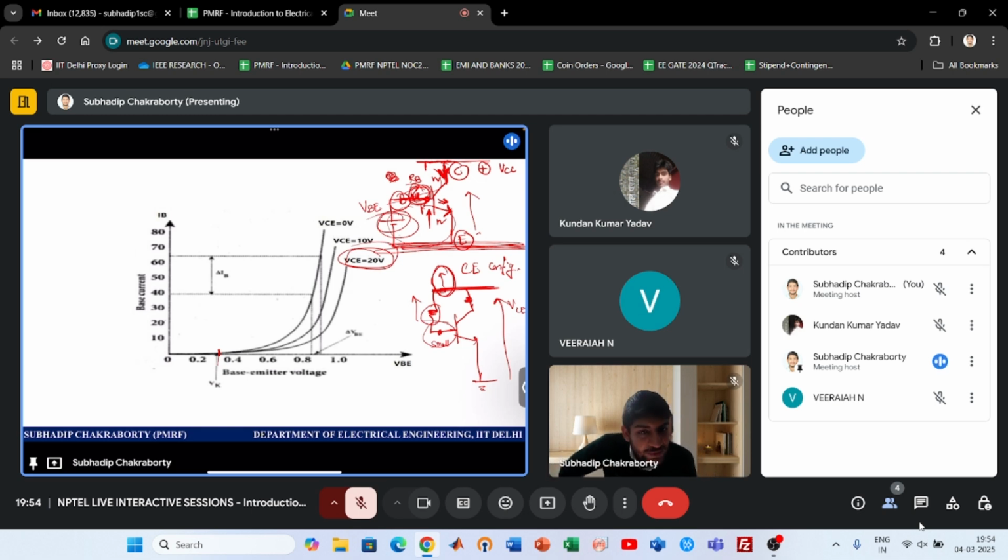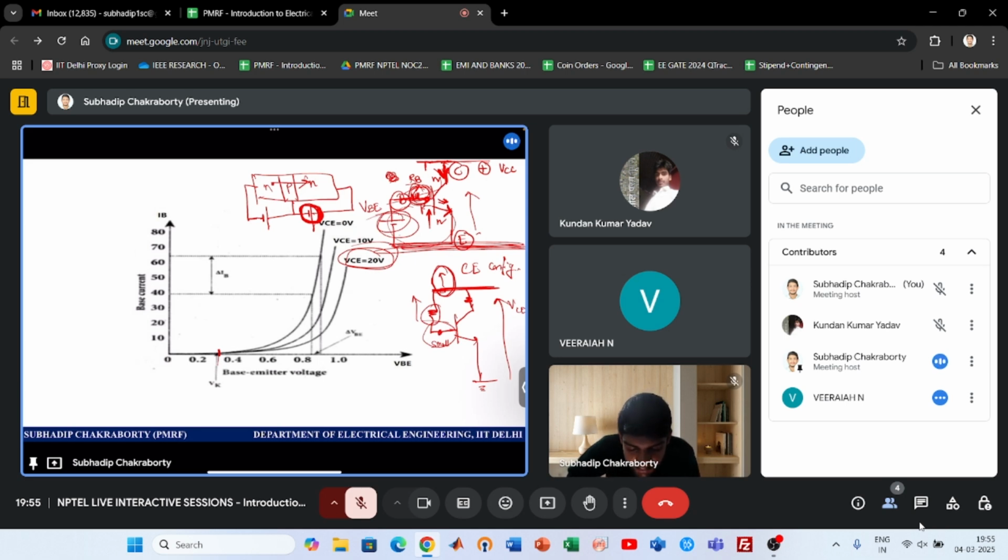If VCE increases, you are actually providing at the output a good lead which is highly charged to seek those electrons faster. So what will happen to the recombination that was happening at the junction? What was happening at the junction? NPN: what did you apply? You forward biased and you reverse biased. Now you increased this voltage. Now it will seek the electrons faster, right?